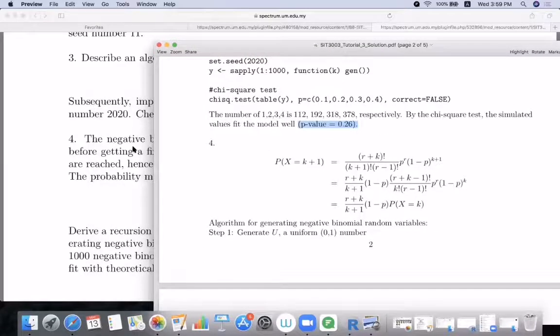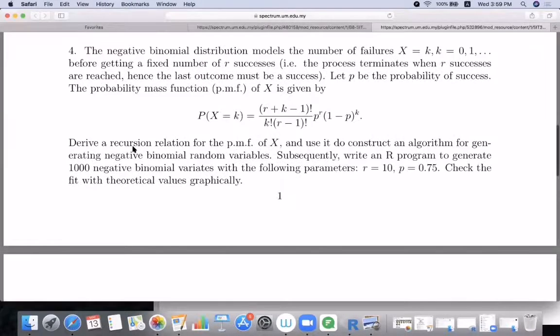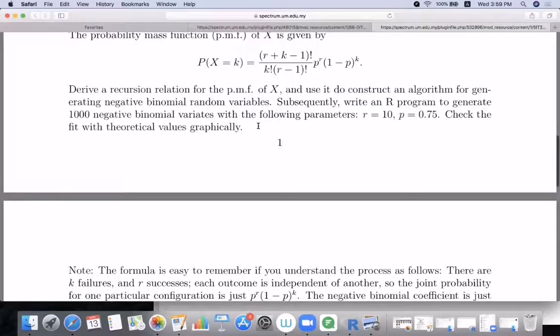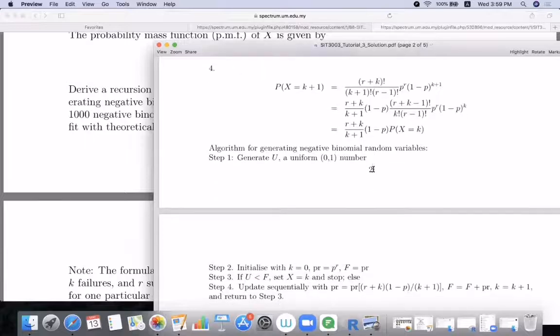Okay, and then number 4 is basically simulation of negative binomial random variables. And this one is actually similar to how you would simulate Poisson and binomial. Okay, basically you just need to find out the recursion identity.